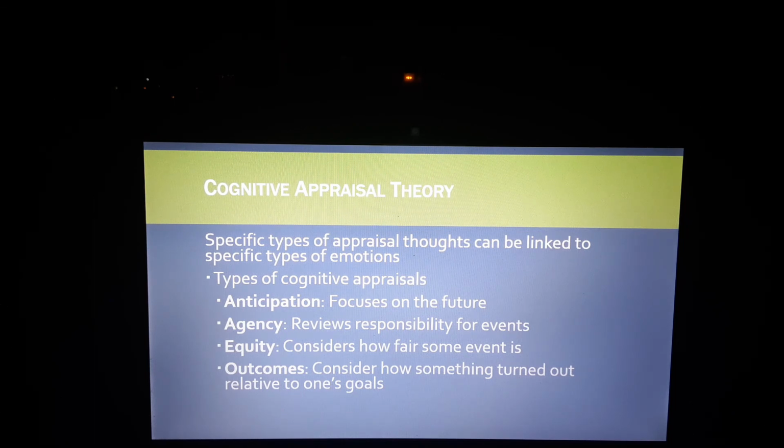How responsible do we feel about what's going on? How fair do we think that what things are happening are fair? That the exchange is fair for this product, and then the outcome is basically consumer satisfaction. Are we satisfied with the purchase that we made? Are we satisfied with what we have?